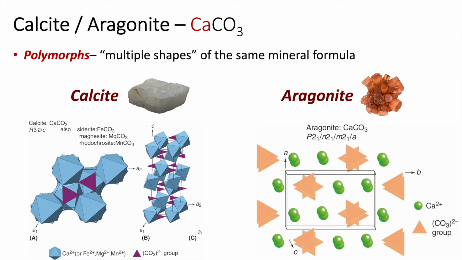So they don't form perfect cube shapes. They're cubes where certain faces and certain bonds are longer or shorter than one another. And so you can see how these different crystal structures are going to lead to different symmetries.